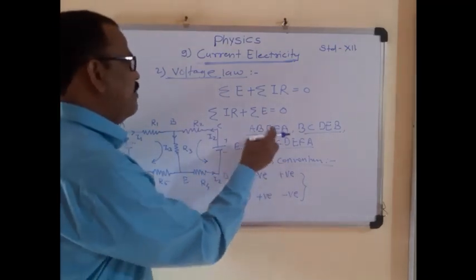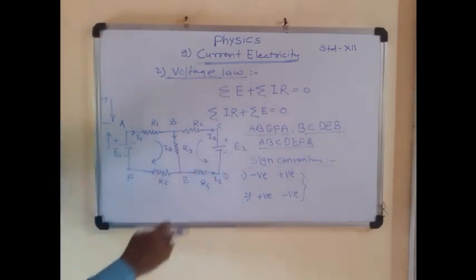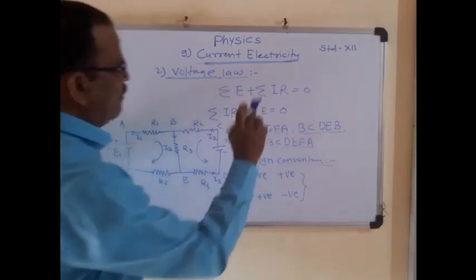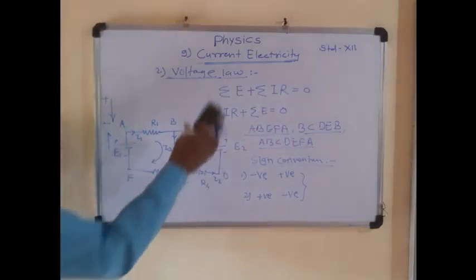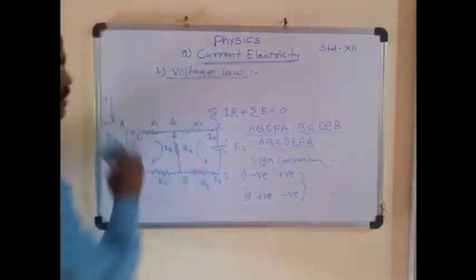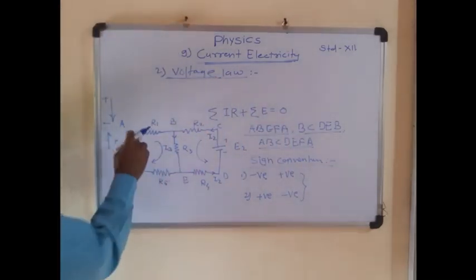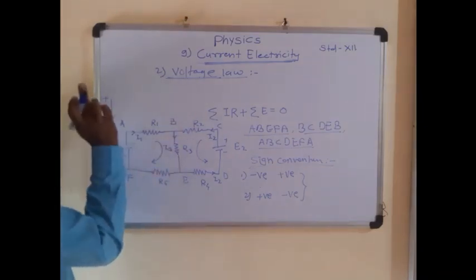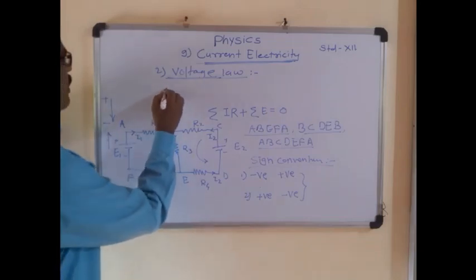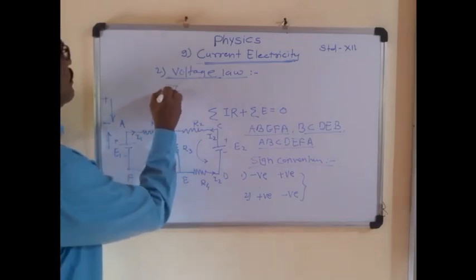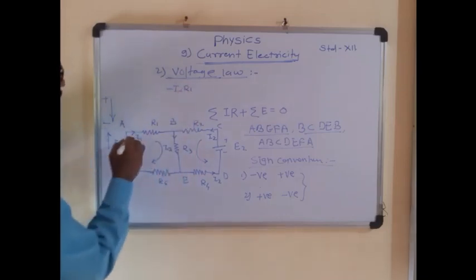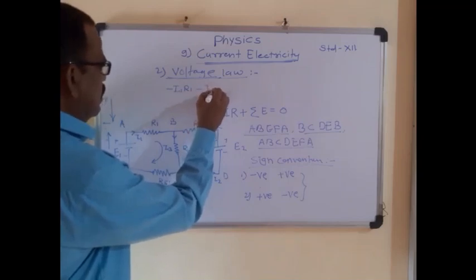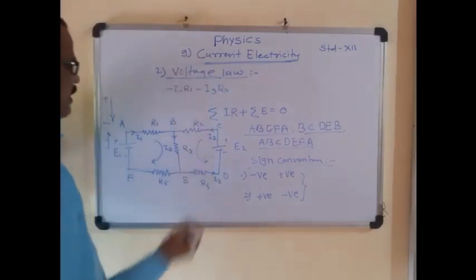First we apply the voltage law to the first closed loop A, B, E, F, A. Using the sign convention, we write here minus I1 R1, the conventional current. Second, minus I3 R3.